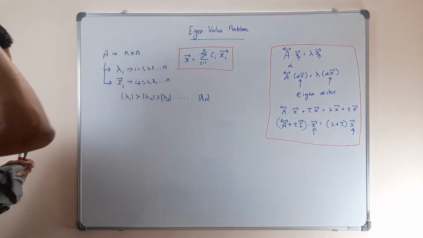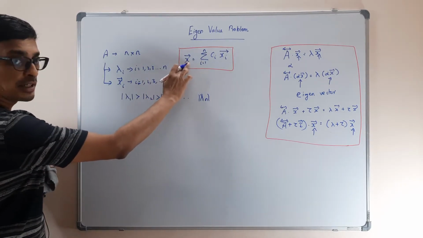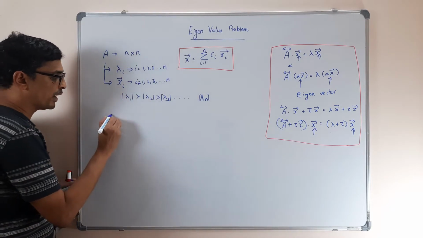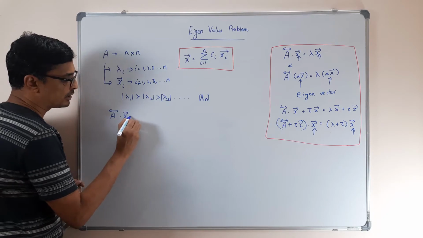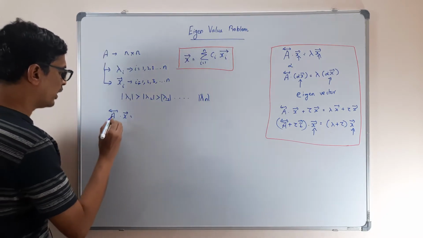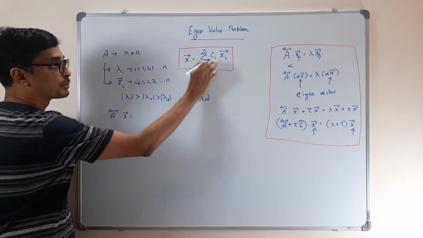Now let me operate our matrix A on an arbitrary vector x. An arbitrary vector can be expressed in this form, so I take A within the summation.